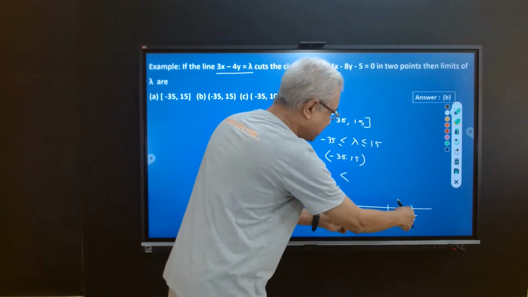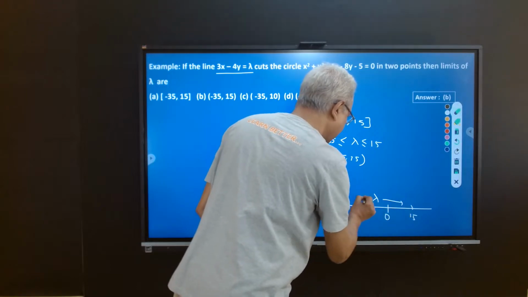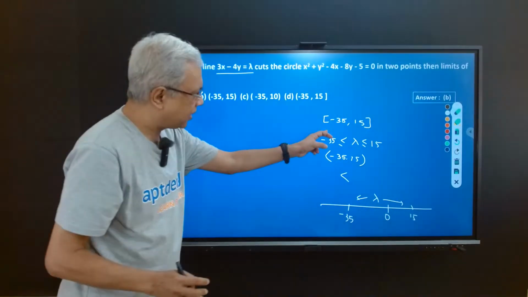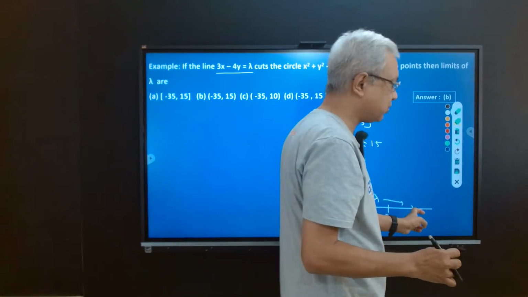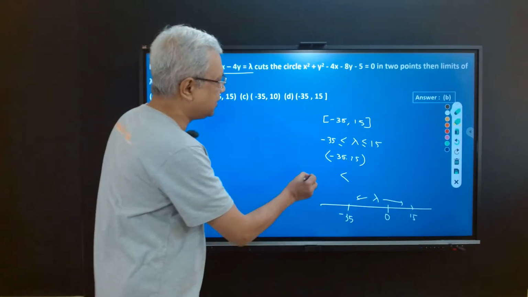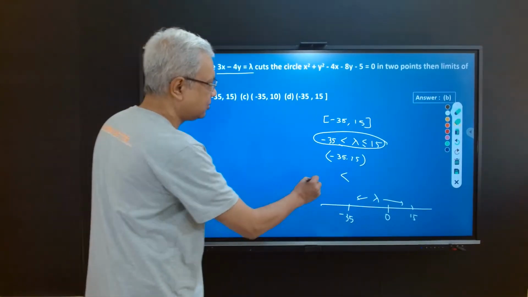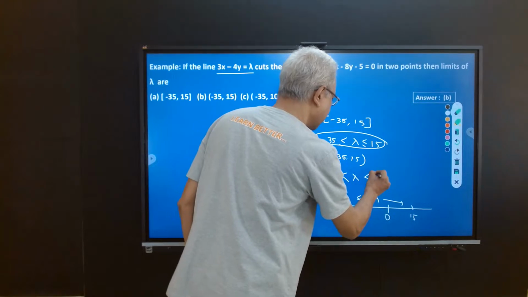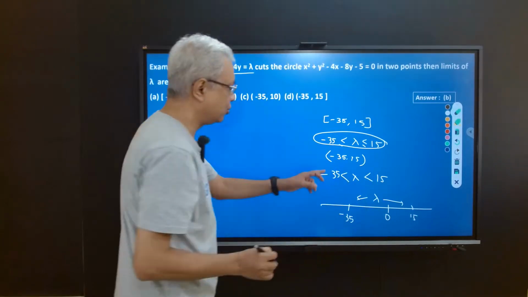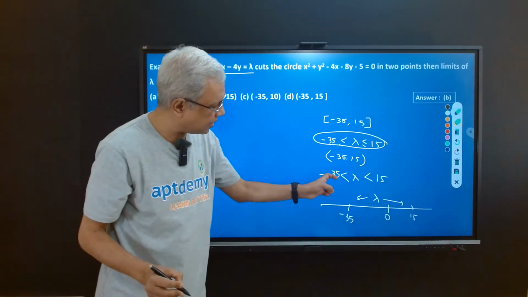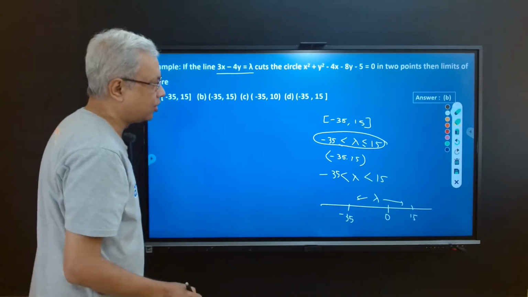So lambda can lie in this interval. In the first case, lambda can assume the value minus 35 as well as plus 15. The second case is a bit different. It is an open interval. Minus 35 we cannot assume, plus 15 we cannot assume.